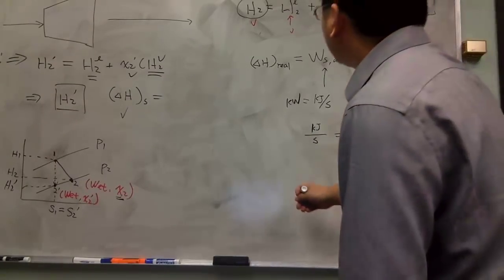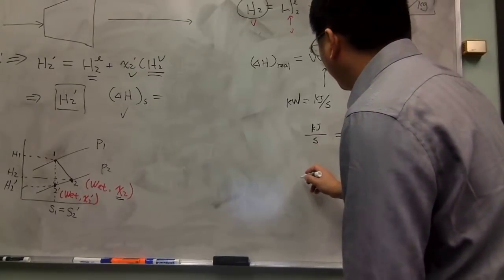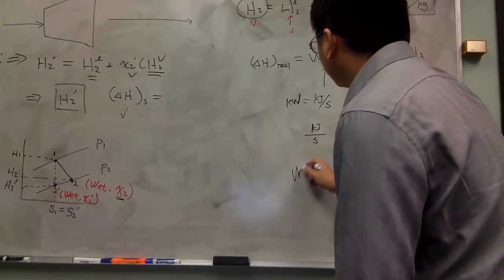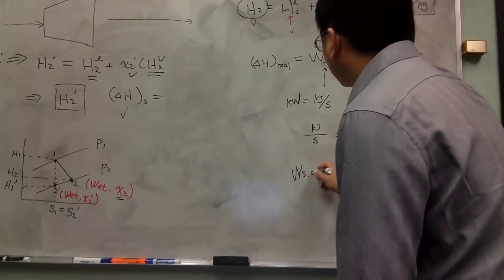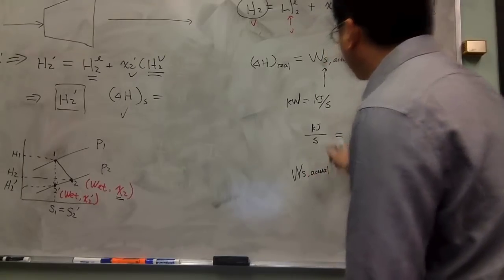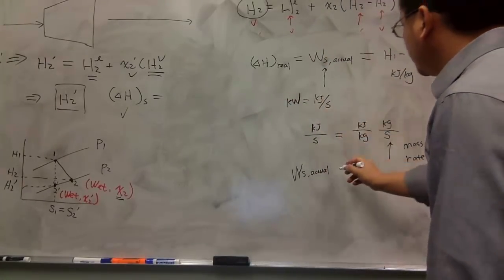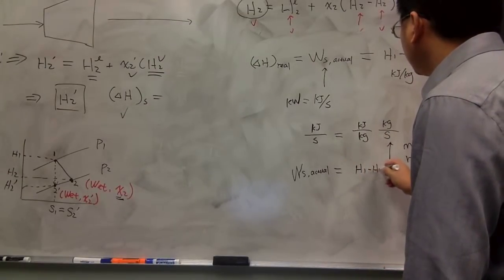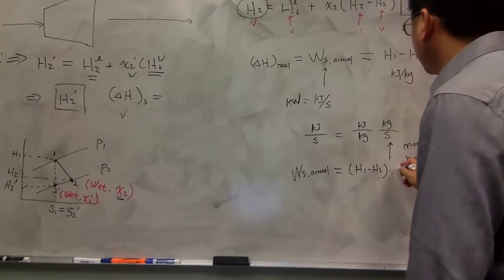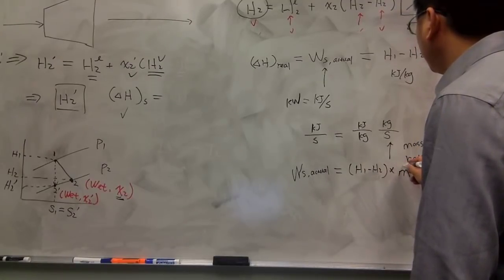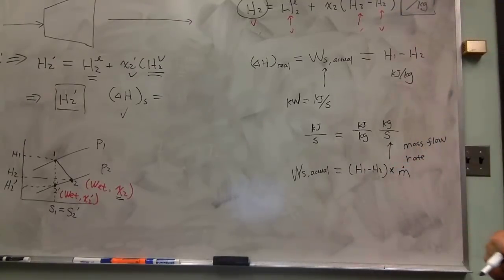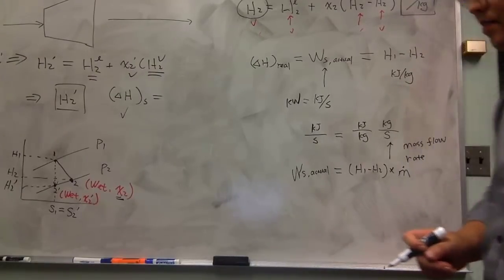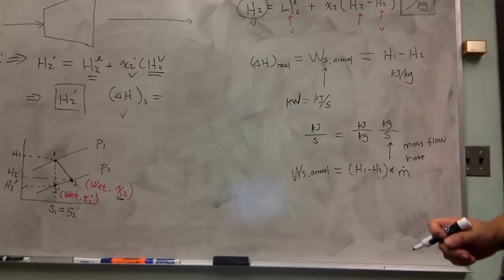So therefore, we are going to set up the calculation as the actual shaft work in kilowatt is H1 minus H2 times this mass flow rate. I'm using a dot to represent the flow rate.